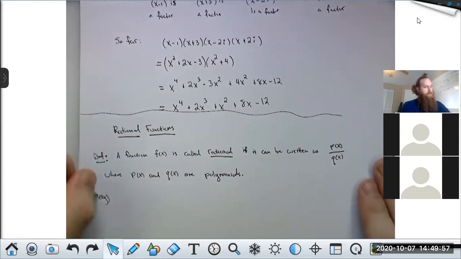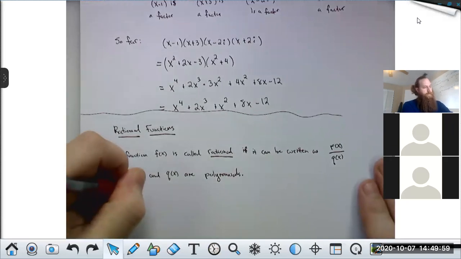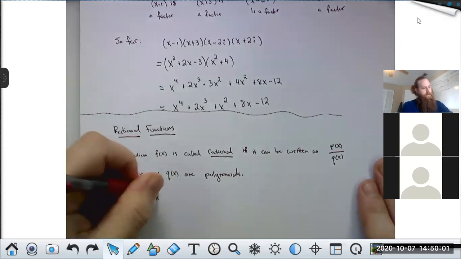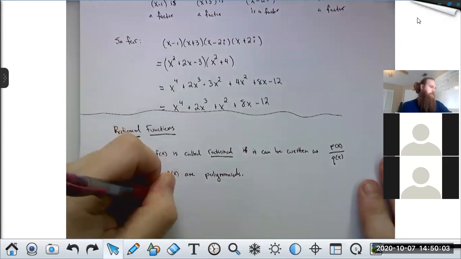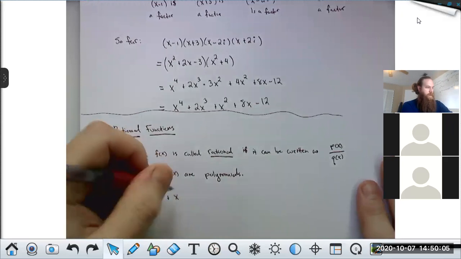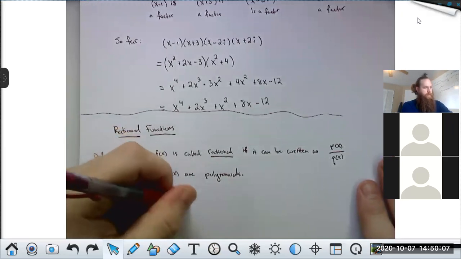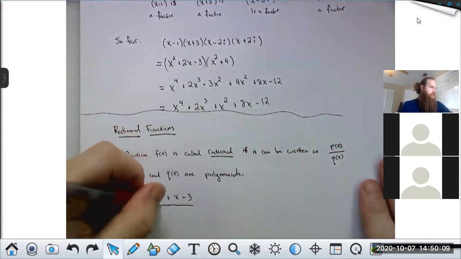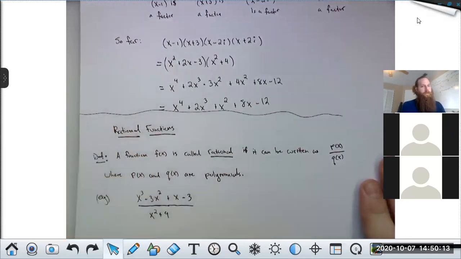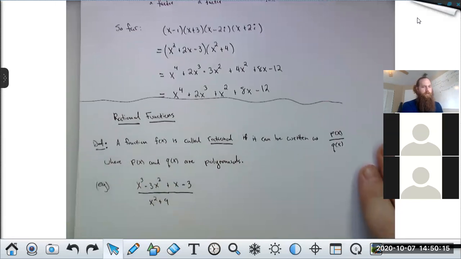Examples like this are rational functions.